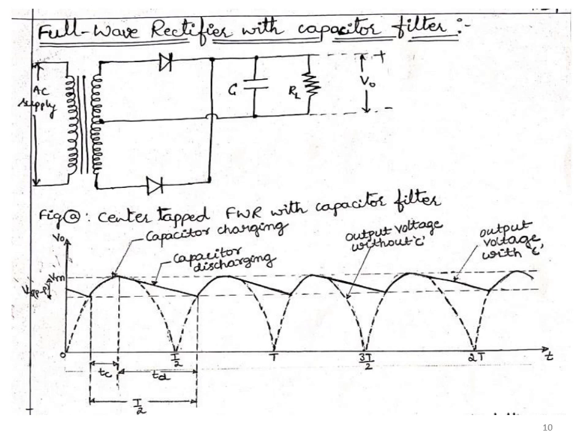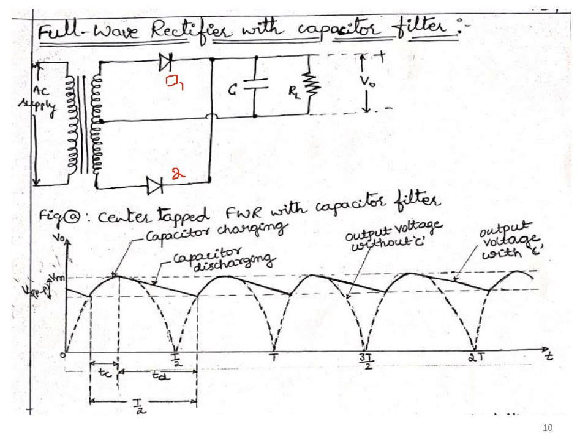We have a center tap transformer and two diodes, D1 and D2. Diode D1 conducts in one half cycle and D2 conducts in the other, so that you get the output in both cycles. When you connect the capacitor across the load, you can observe the waveform.